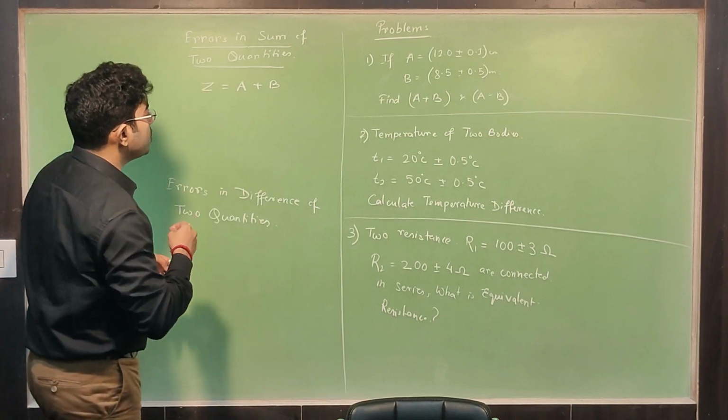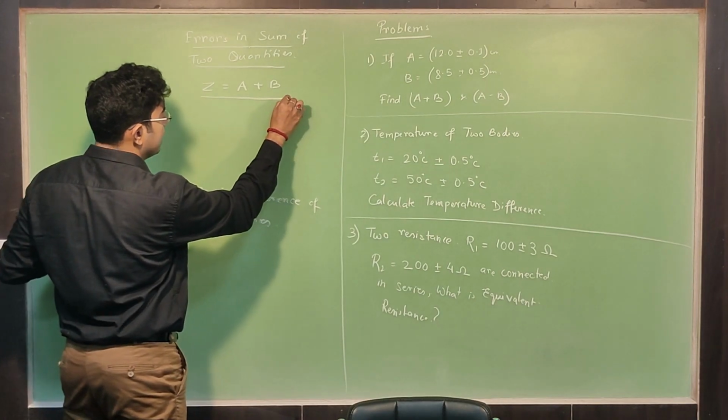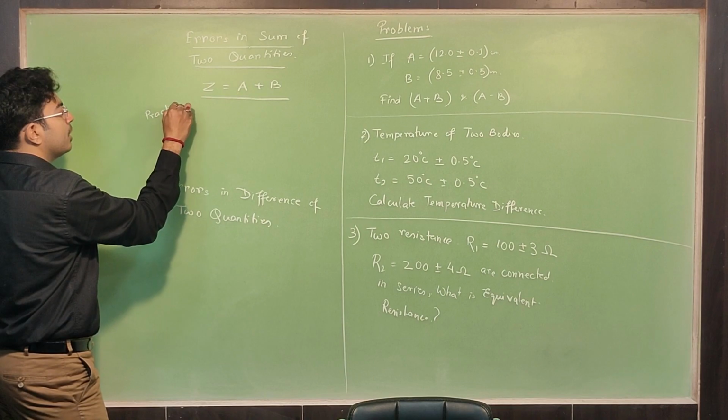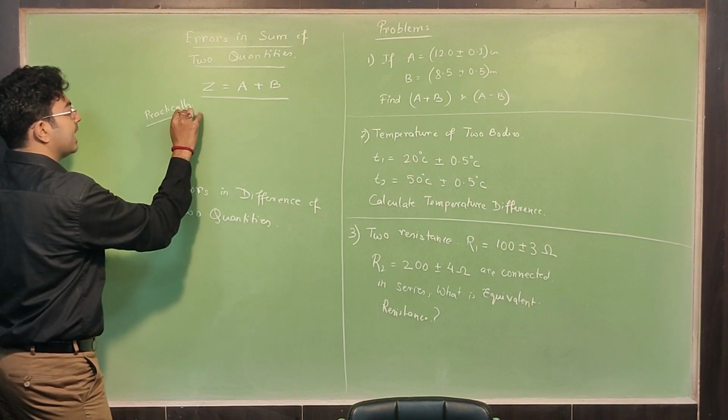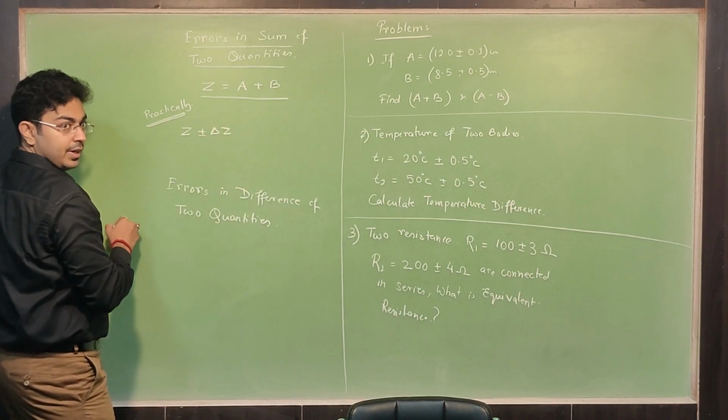So what we are going to understand is that this is the ideal value. In general, practically, you have to understand Z will have some amount of error, right?